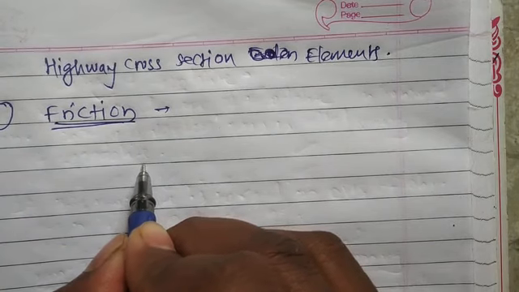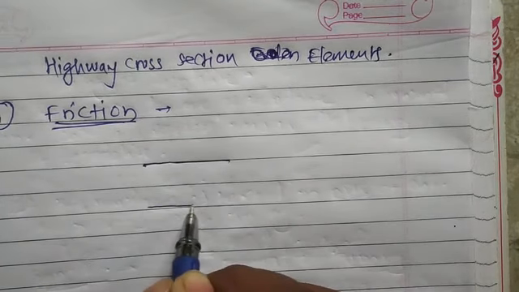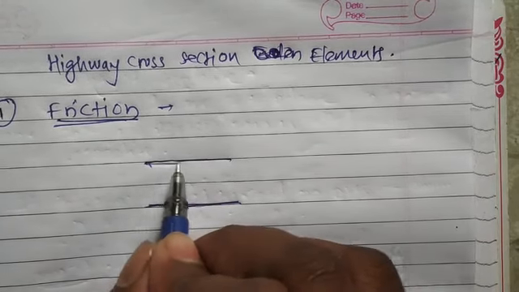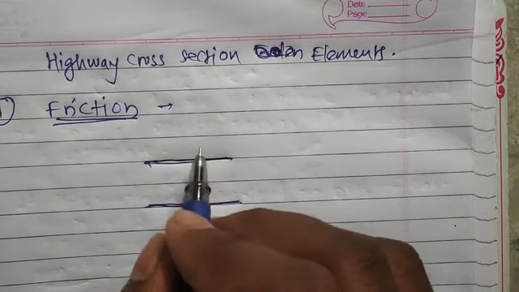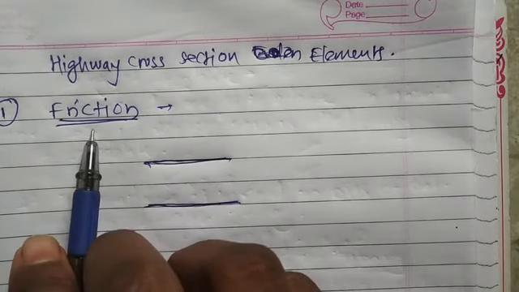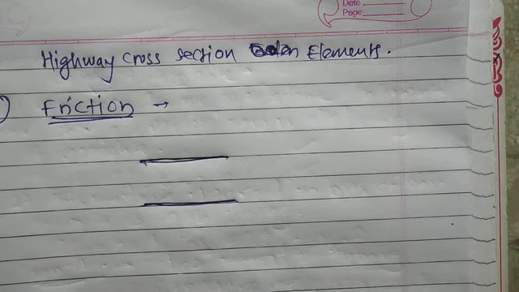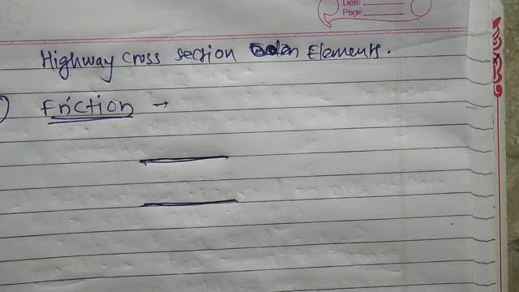On the highways, friction is a very important element of geometric design because if this friction is in excess, it makes vehicle operation difficult. If this friction is lesser than the standard values, it may cause accidents or contribute to uneconomical operation or difficulty in vehicle operation.